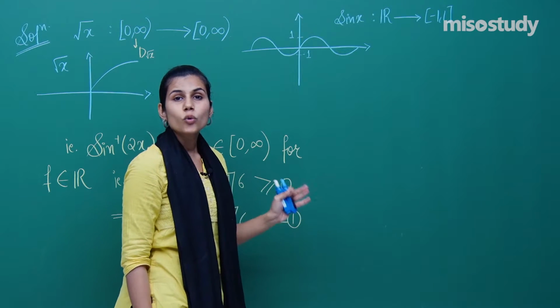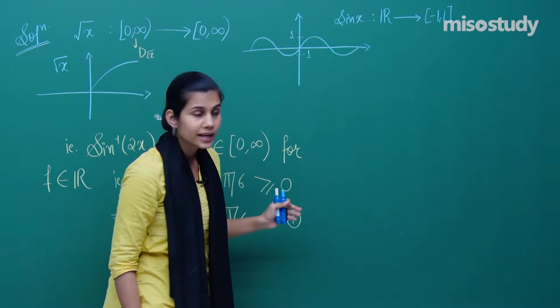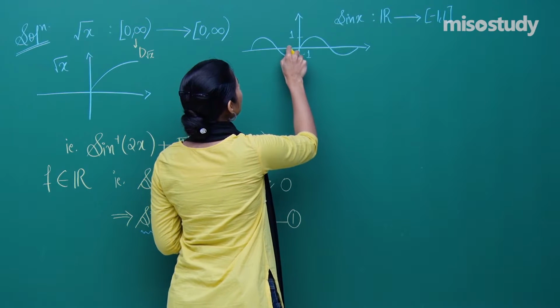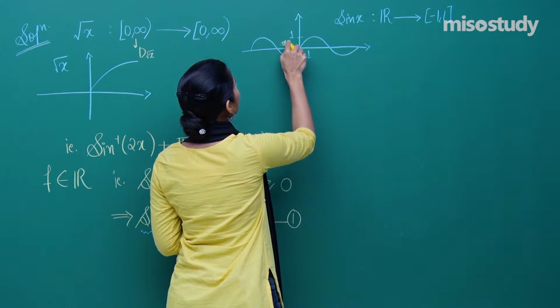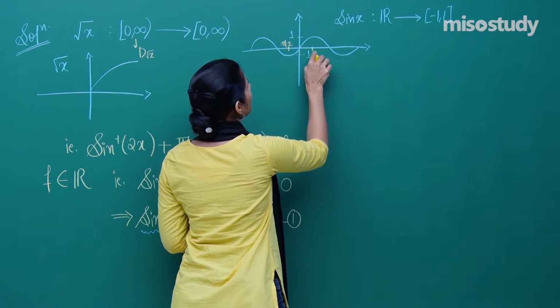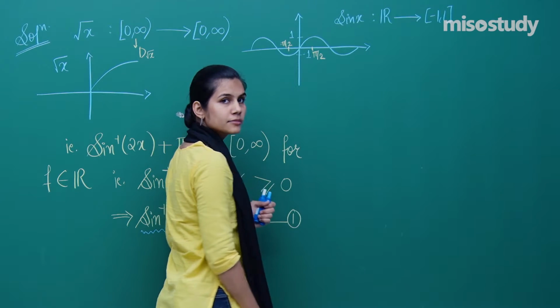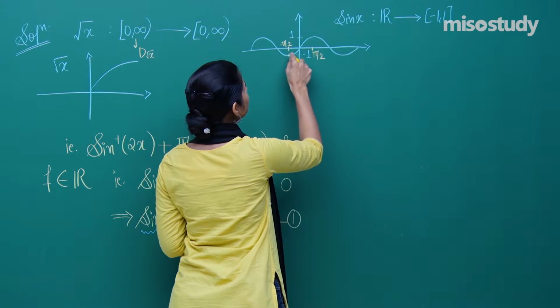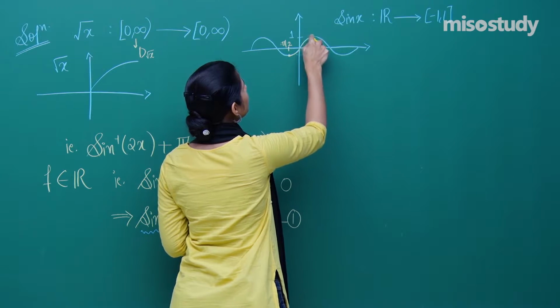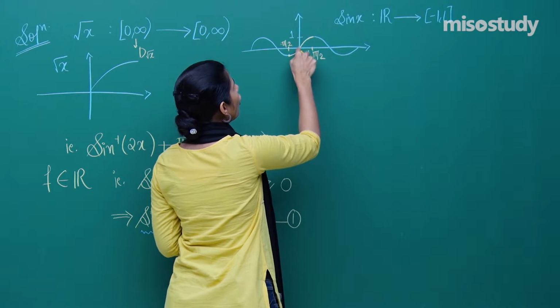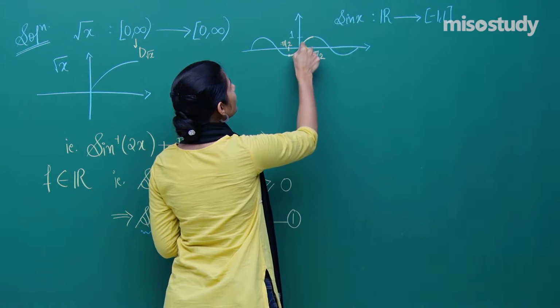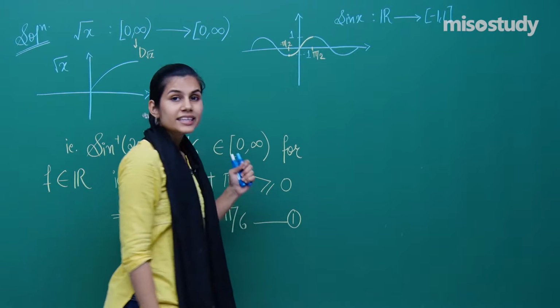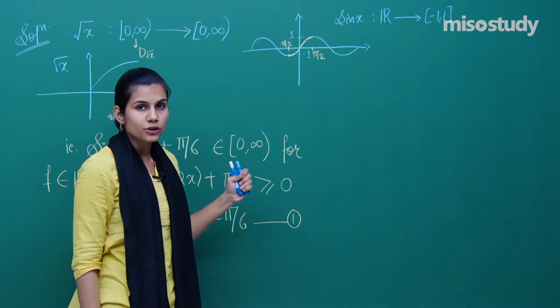That is why we are going to restrict the domain to minus pi by 2 to pi by 2. Corresponding to this interval, the function will attain all values from minus 1 to 1, and only this yellow portion of the graph will be drawn.